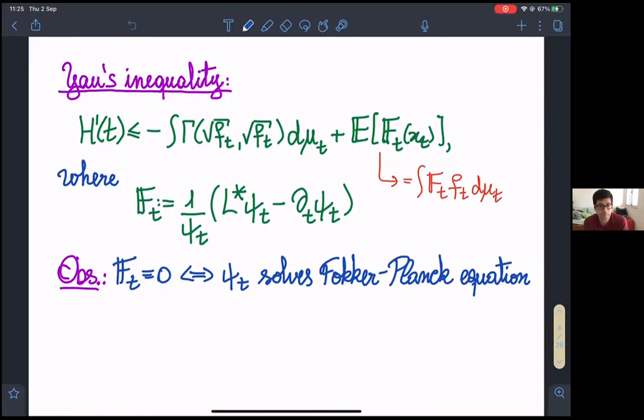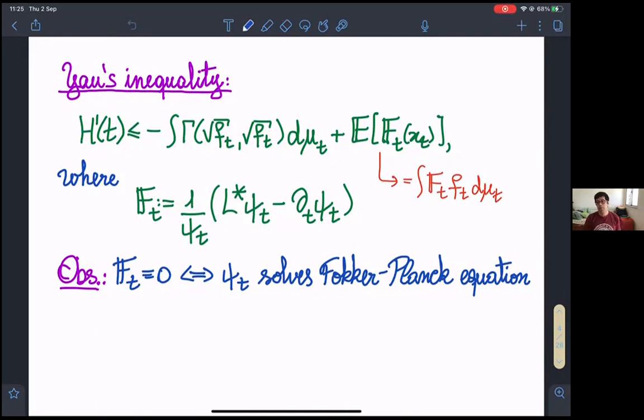Okay, so here there are various things that we have to understand about this inequality. This inequality is very interesting because it has various nice interpretations, and those are the ones that I want to discuss now. The first one is that this expectation of the function f_t can be written in two different ways.